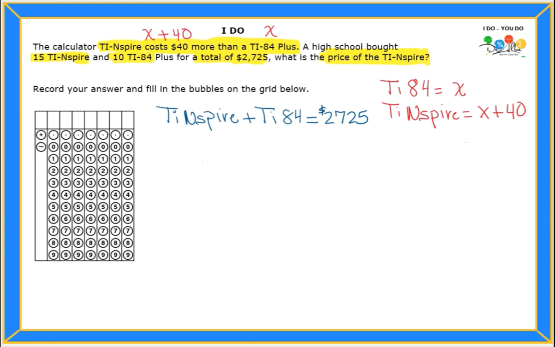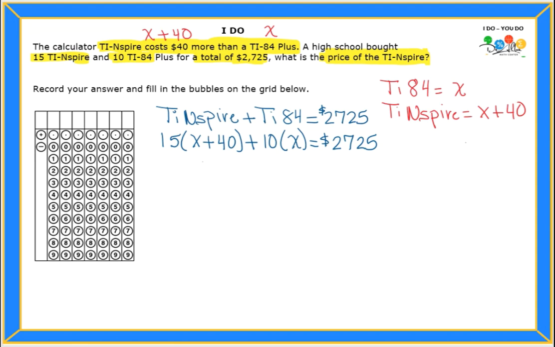They bought 15 Inspires, so I'm going to multiply 15 times the price of the Inspires, which is X plus 40. I'm going to write down 15 times X plus 40, plus, how many TI 84s did they buy? 10. So I multiply 10 times the price of the 84s, which I still do not know, but it's represented with X. And the total for this is 2,725.